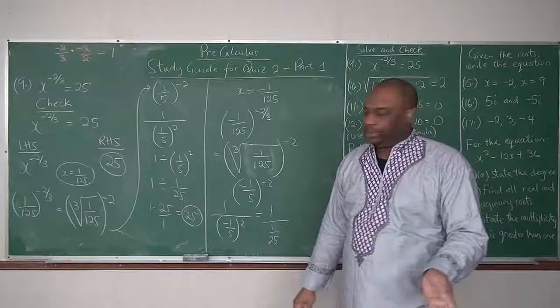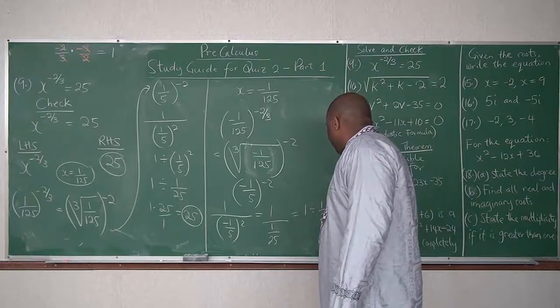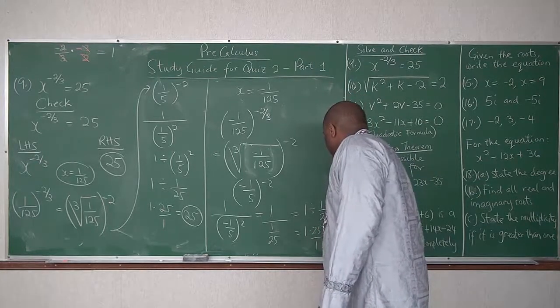We did that in exponents. So this will be 1 divided by 1 over 25, and that is 1 times 25 over 1, which is 25.